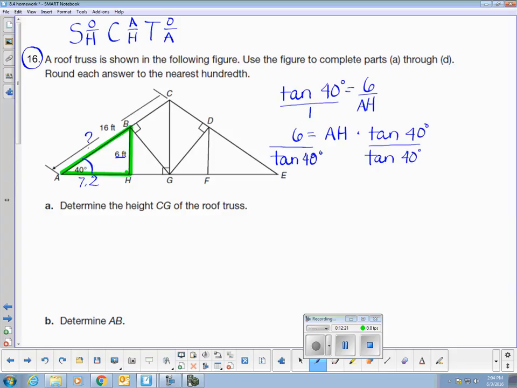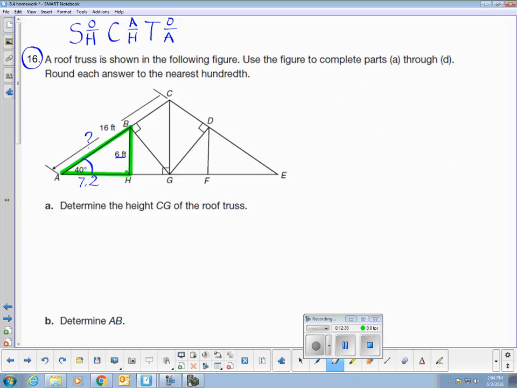Because I'm trying to find the hypotenuse, I can use either sine or cosine. It doesn't matter because I know the opposite side and I know the adjacent side. So I'm going to select the sine function.